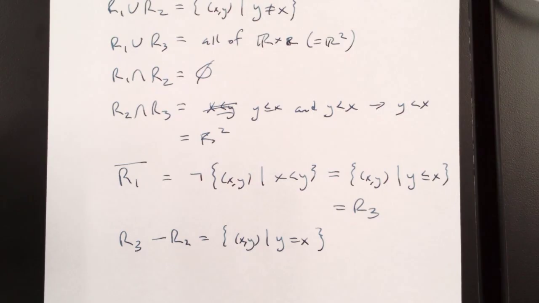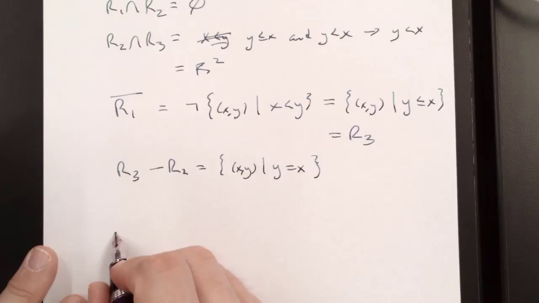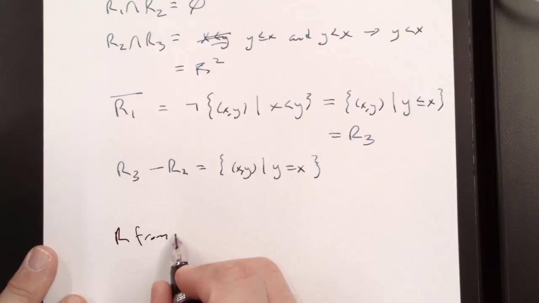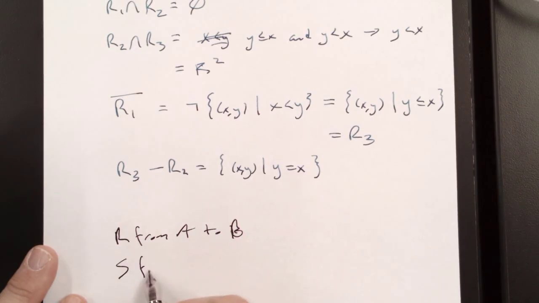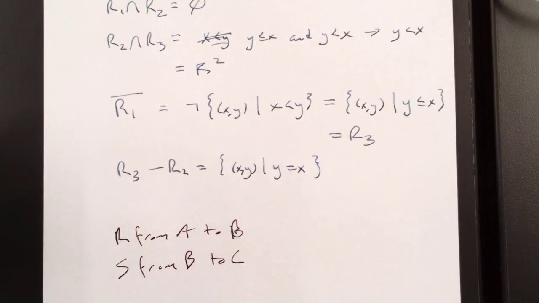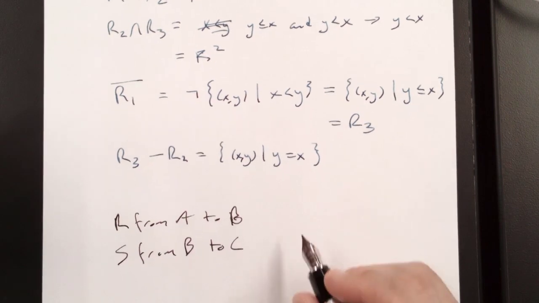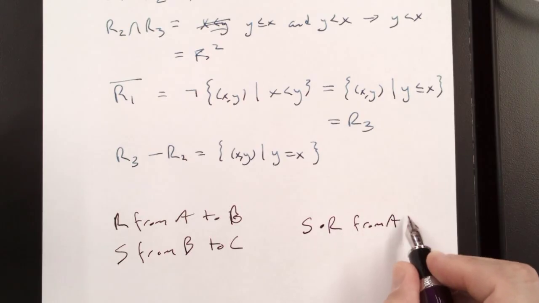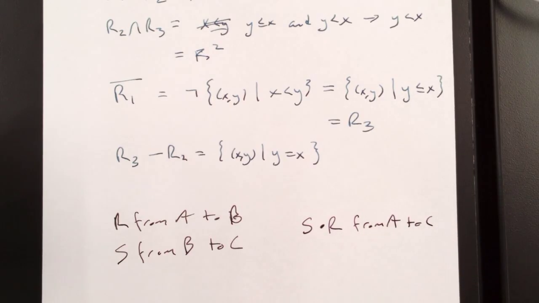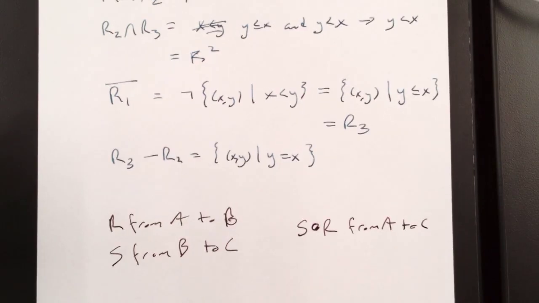I can think of compositions. If I have R going from A to B and S going from B to C, then I can think of S composed with R from A to C. First do R, then do S. Wait a minute, that's a little circle, like f of g of x.